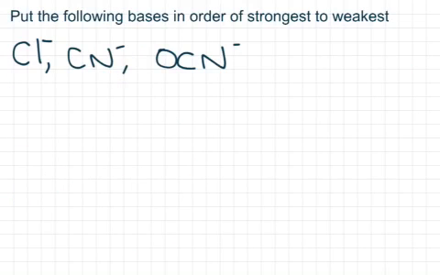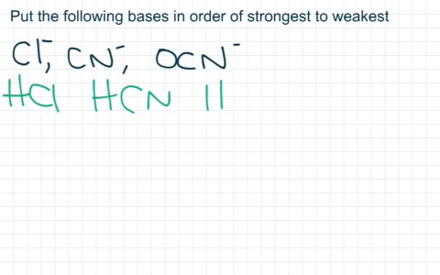If you're looking at a question like this, where you have a bunch of conjugate bases, you have to think, what was the acid that they originally came from, and what were the Kas, and then compare them to each other. I know that Cl minus used to be HCl, CN minus used to be HCN, and OCN minus used to be HOCN.